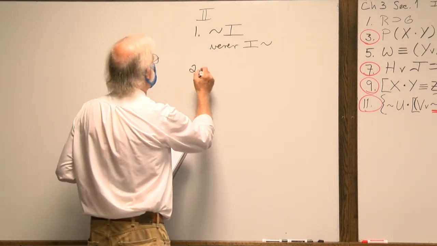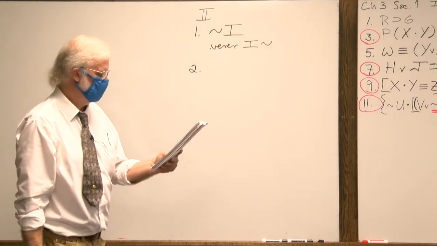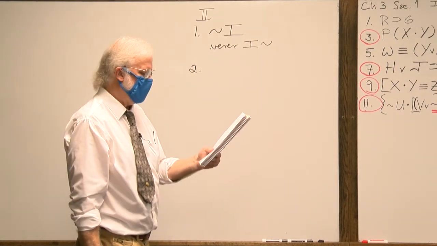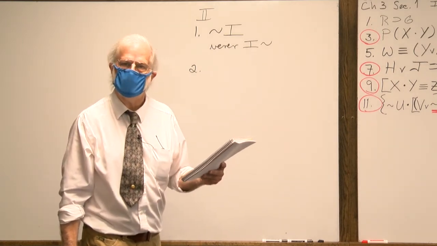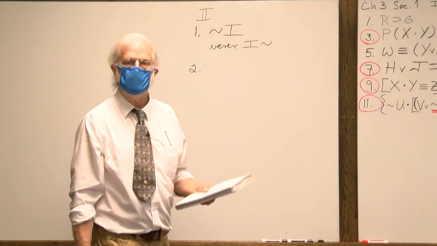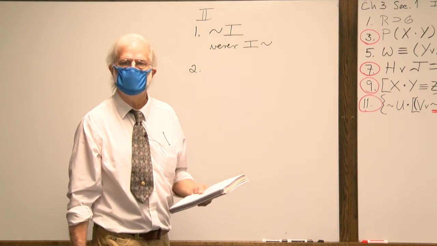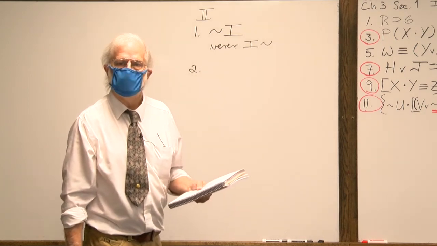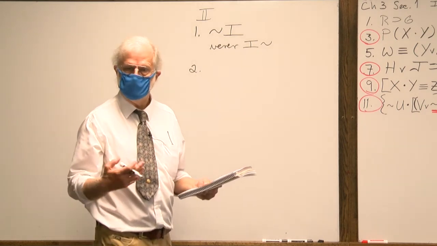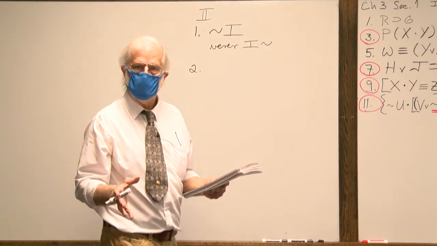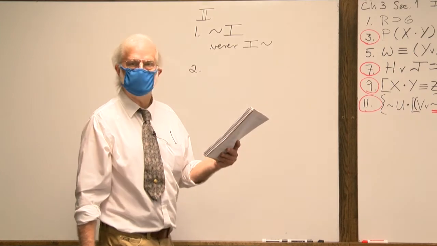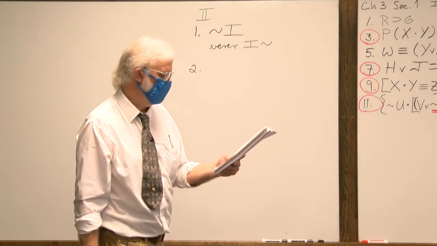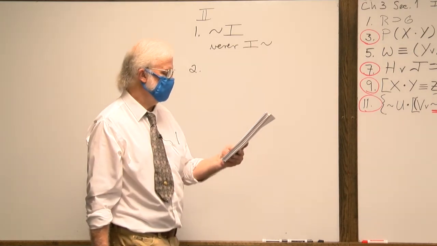Let's try number 2. Here we have that Y means there are 365 and a quarter days in the year, and W means there are 7 days in a week. So how would we translate into our symbolic language the compound expression, there are 365 and a quarter days in a year and 7 days in a week?